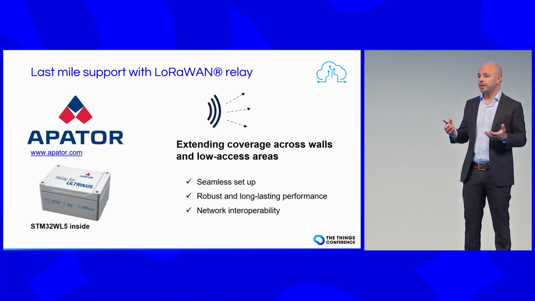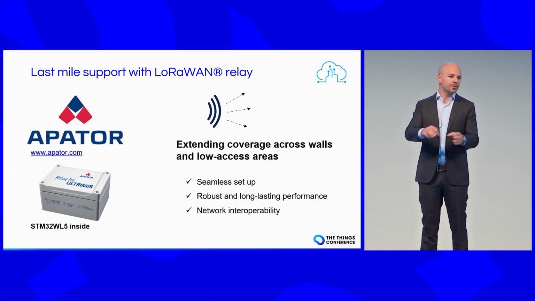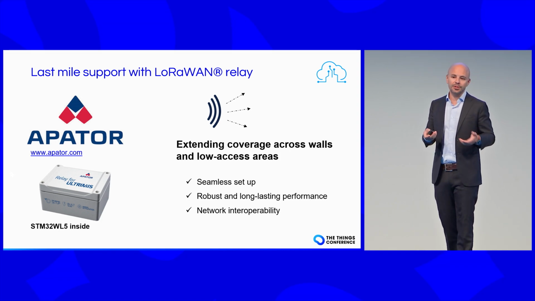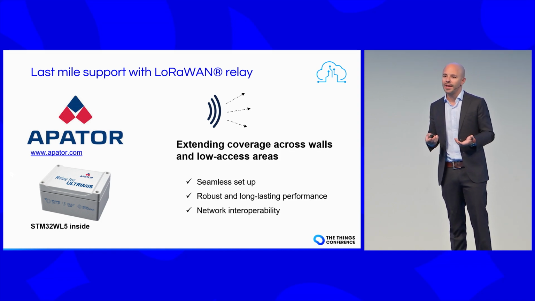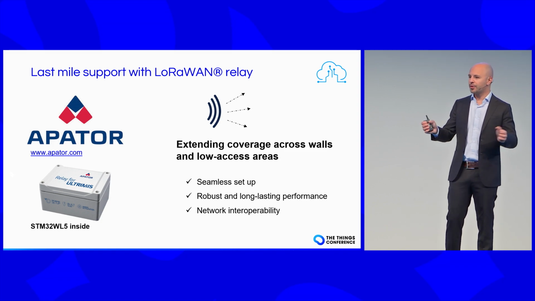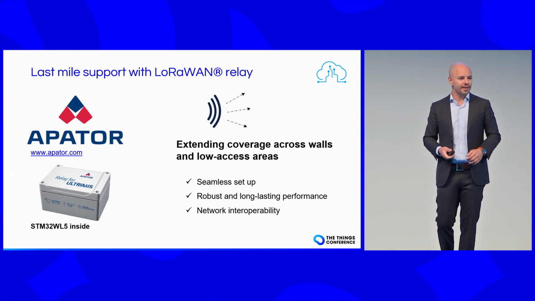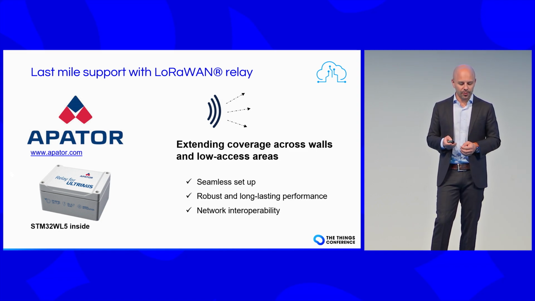For meters, it allows reaching meters that are across walls or underground. So this is really the beauty of LoRaWAN relay, to extend the network coverage to places that are not achievable otherwise.